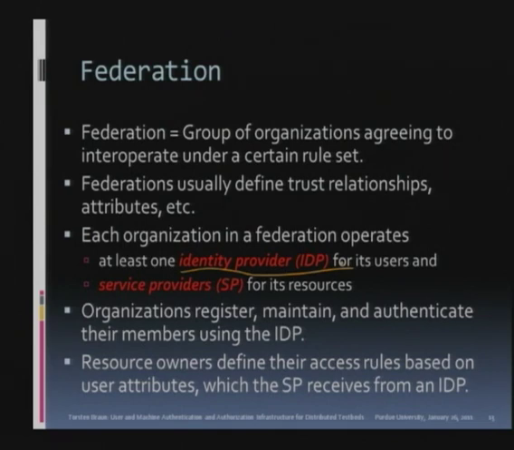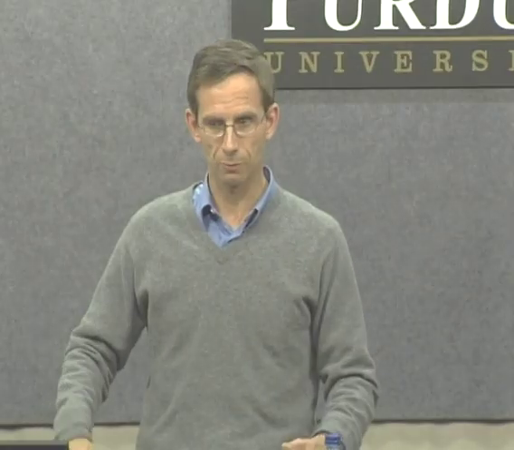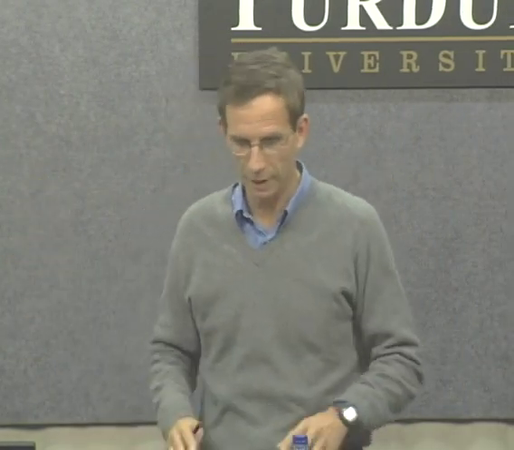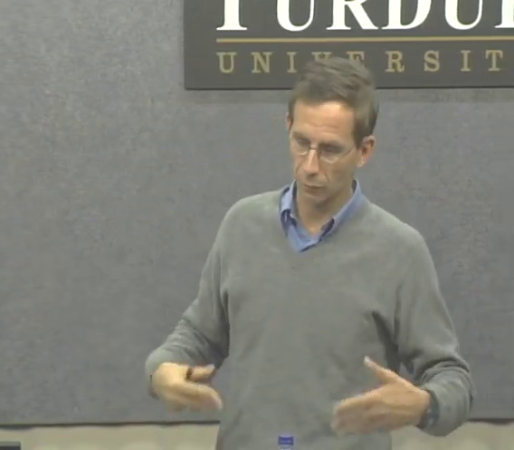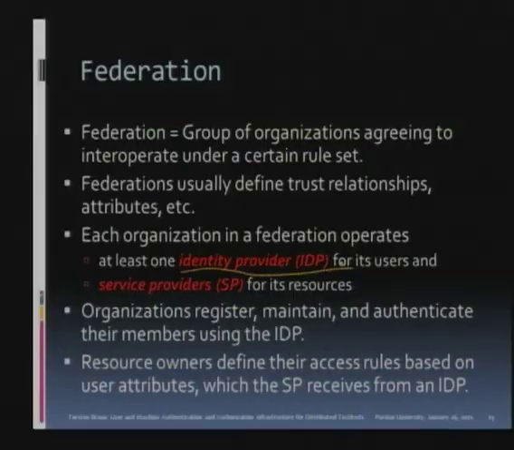So for example, at the University of Bern, it could be a system where for each student, for each teacher, we have entries with a username and the attributes. For example, the subject the student is studying, or the age, or any other things we might want to use for later authorization. So typically we have one identity provider for each organization in that case.